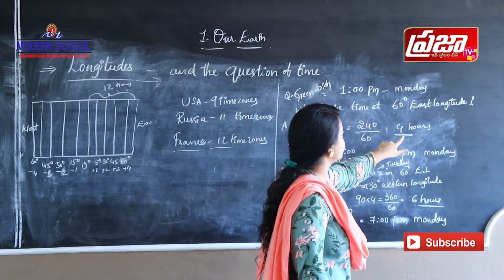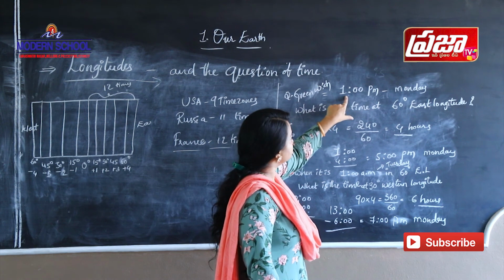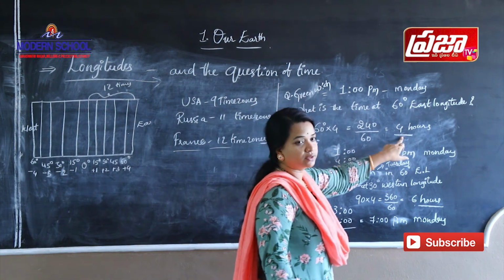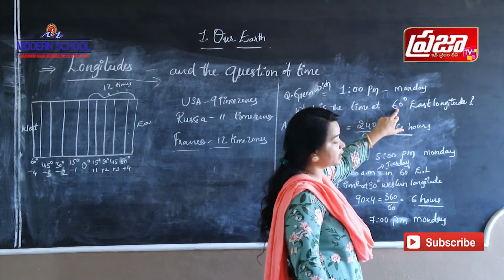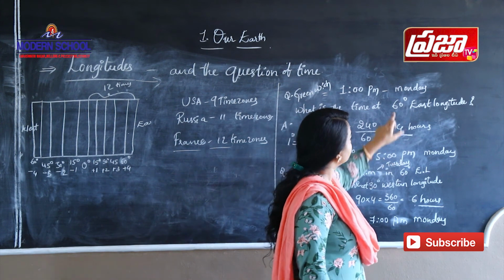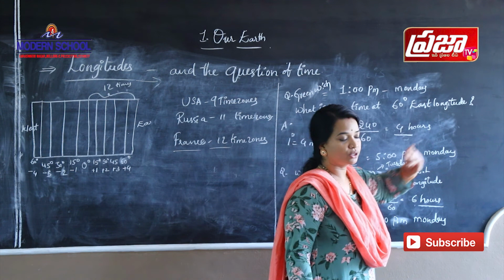We need to add 4 hours per 15 degrees. So 1 p.m. is the time at Greenwich, and we add 4 hours to know the time at 60 degrees eastern longitude. So you will get 5 p.m. Monday at 60 degrees eastern longitude.